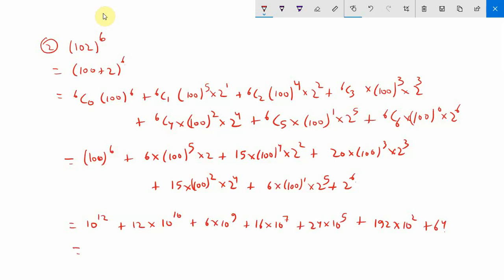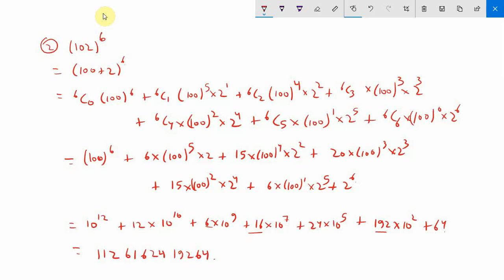So after adding all this, we will get 1, 1, 2, then 6, 1, 6 will come from here, then 2, 4, then 1, 9, 2 will come from here: 1126162419264.